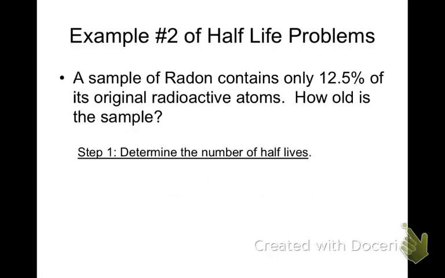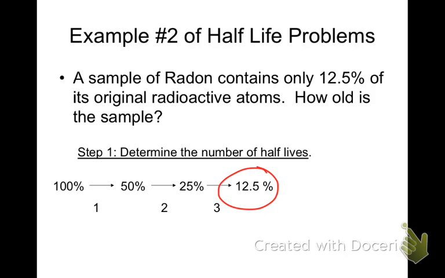Well, to do that, you're going to assume that the sample was all radioactive to start with, which means you started with 100% of your sample being radioactive. After one half-life, 50% would be. After 2, 25%. And after your third, you'd get your 12.5%, which means 3 half-lives have passed. The sample is 3 half-lives old.